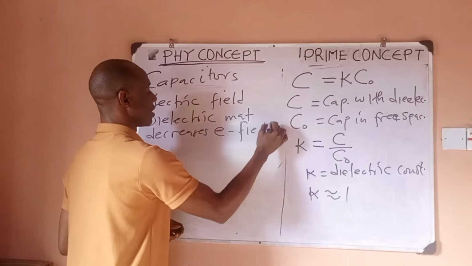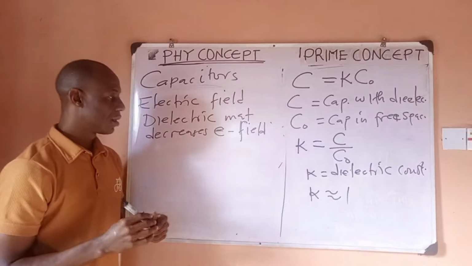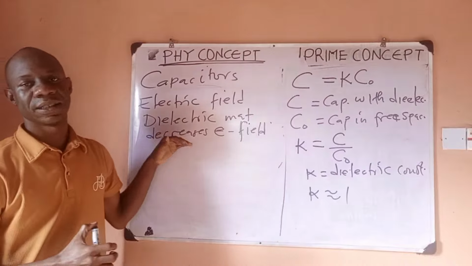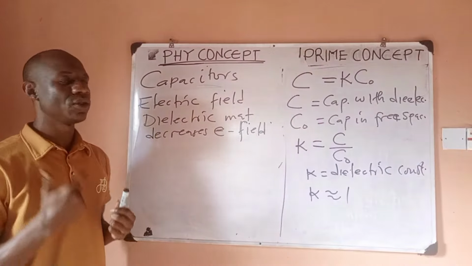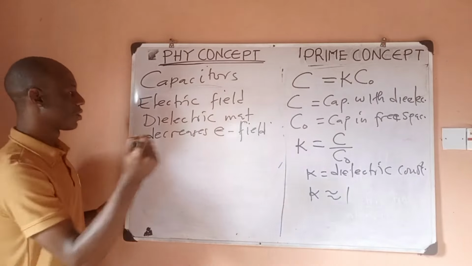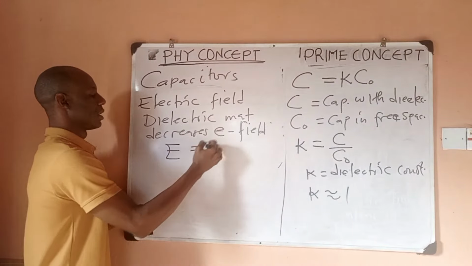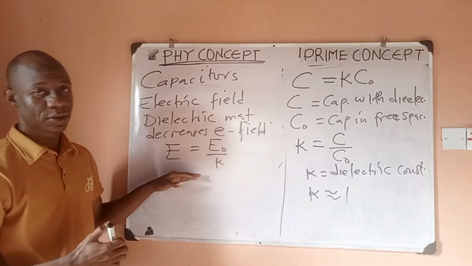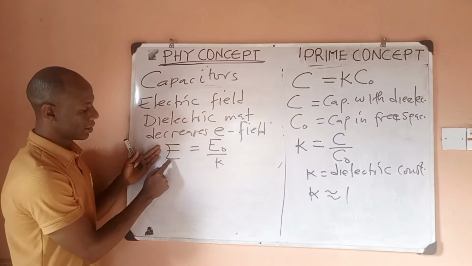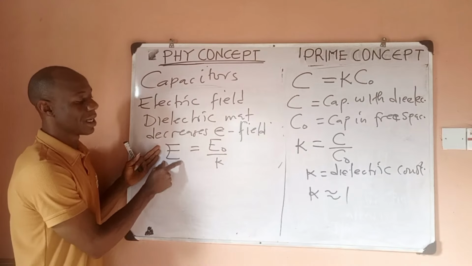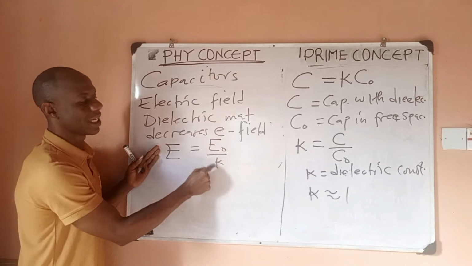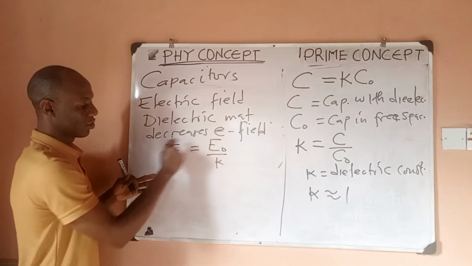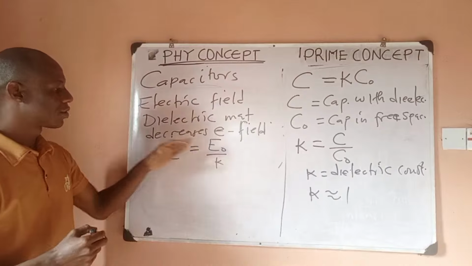Please take note of this. These are the things you'll be seeing in exam. Dielectric increases capacitance, but it decreases electric field. So what is the relationship? E is equal to E naught over K. So you can see that the electric field with a dielectric material is that in free space divided by some number, so it decreases electric field.